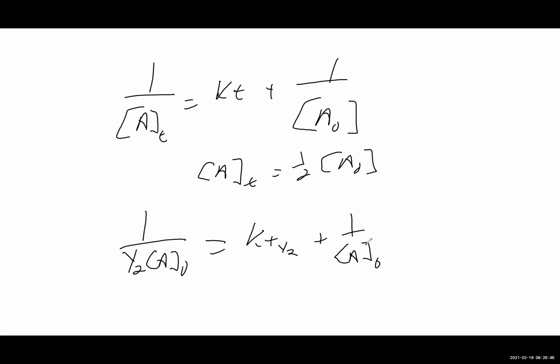I can play the same basic game, but what I have in the end is 1 over A0 equals k times the half-life. This is 2 over A0 minus 1 over A0. In that case, the half-life is not independent of my starting concentration.